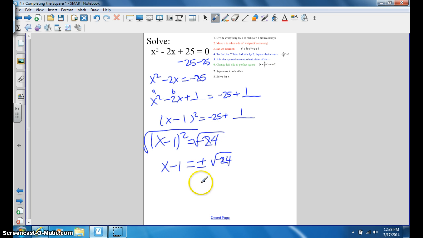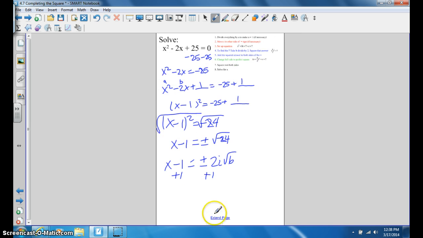So that's going to break down to 2i root 6. So 24 breaks down to the square root of 4 times the square root of 6, and the square root of 4 is 2. Square root of 6 is going to break down, and you got to bring the i out because there's a negative. So 2i root 6. Get x by itself, so you add 1 to each side, and we get x equals 1 plus or minus 2i root 6. And that's our final answer.